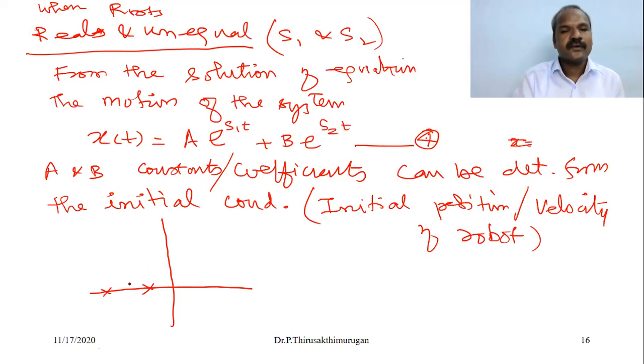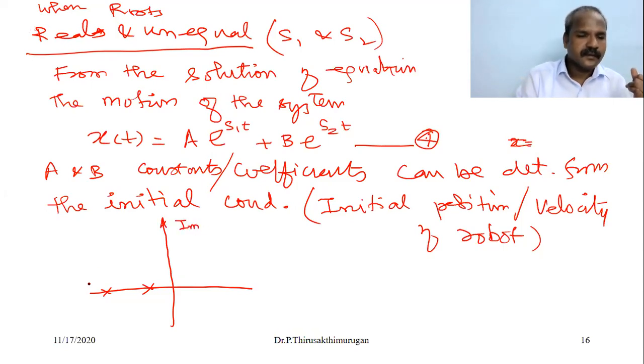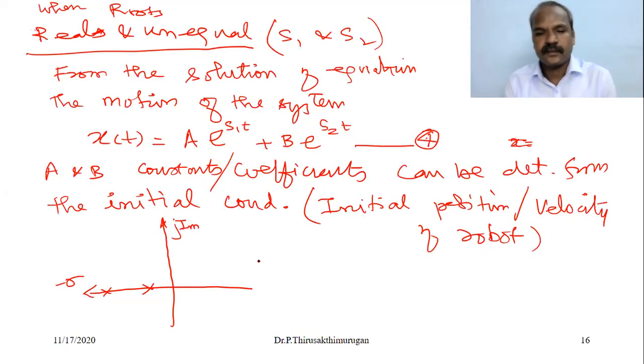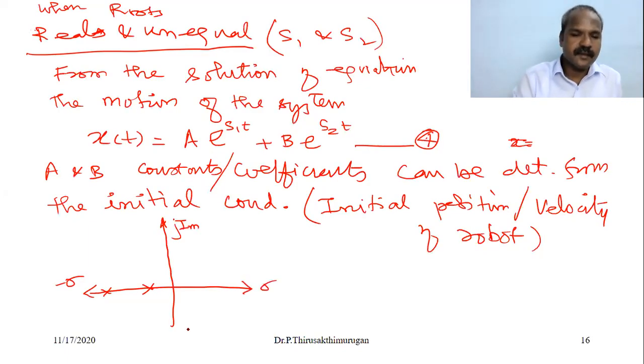On the real and imaginary axes, we have minus sigma plus j omega and plus sigma minus j omega. So the roots are real. Let us see one example.